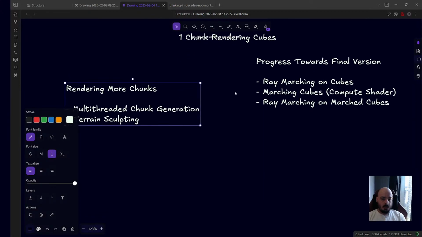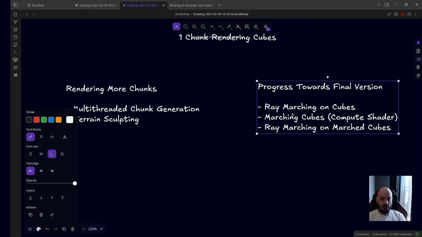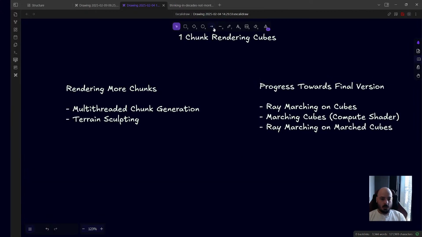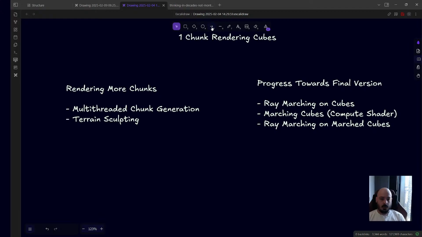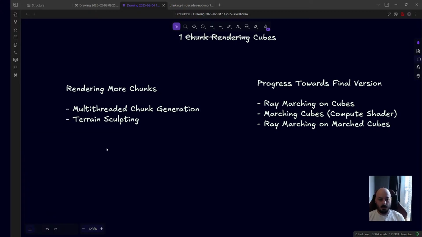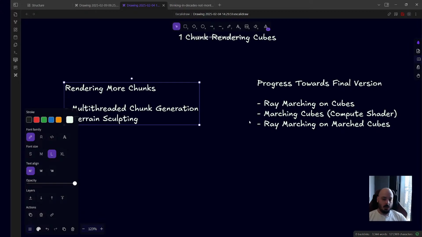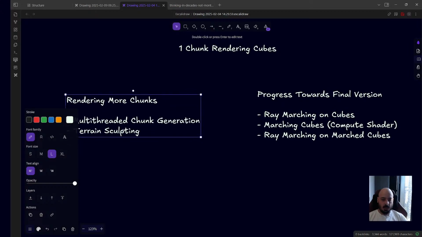I've been down this road before. I think I should go down this one first, because I want to get the look of the thing working and then worry about rendering more of it. Because I know that you can render 1 trillion cubes on the screen, or maybe not 1 trillion, maybe like 1 billion or something, no problem. So that's kind of going down this path. If I wanted to render a lot of cubes, I know that's already possible.